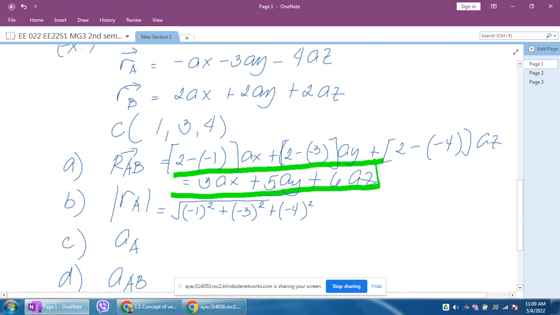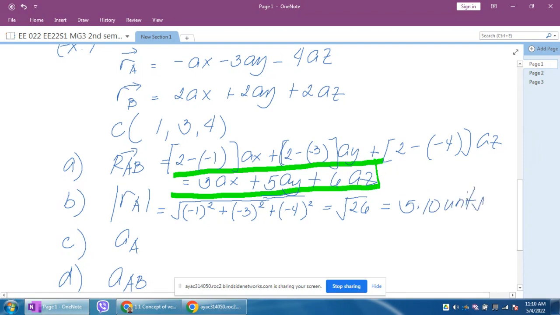So pwede nyo pong i-calculate po ito. How much is this? This will give you a value equal to square root of 26, or if you will get the decimal value, this is 5.10 units.